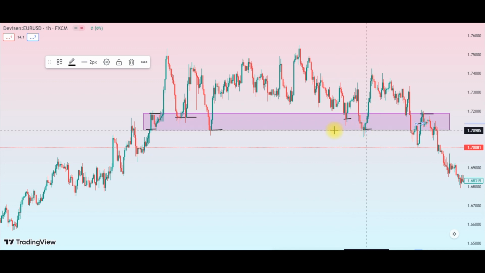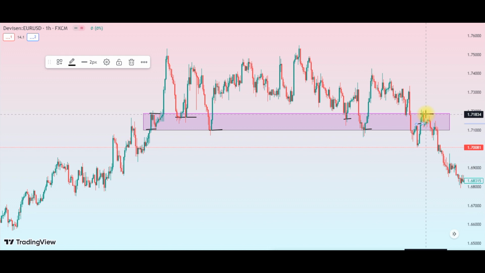The removal from this area was powerful. If we look at these removals right here, it has already acted as support and resistance. It acted as resistance here and found support at these points, acted as resistance here again, and this is where we're looking at right at the moment. It's acting as resistance again.